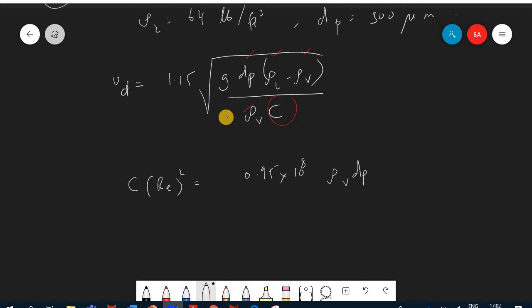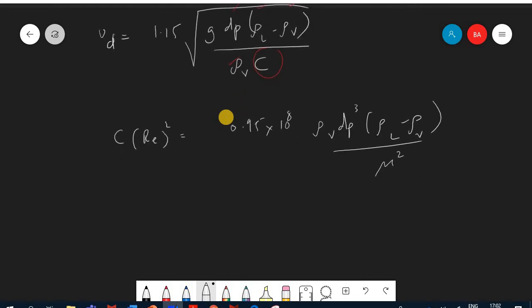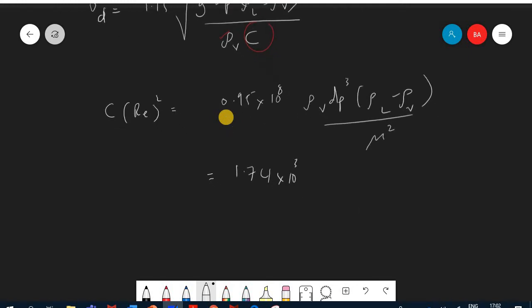I took them off, but you should be careful. Times (rho L minus rho V) divided by mu squared. So this is the equation, and all you need is to substitute and do your conversion, and you're going to find that this is equal to 1.74 into 10 to the power 3, and this is unitless.